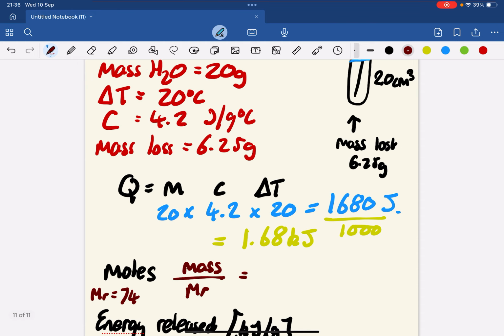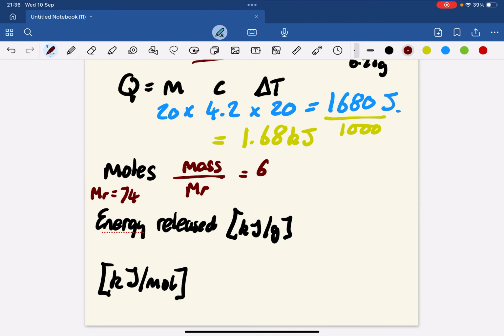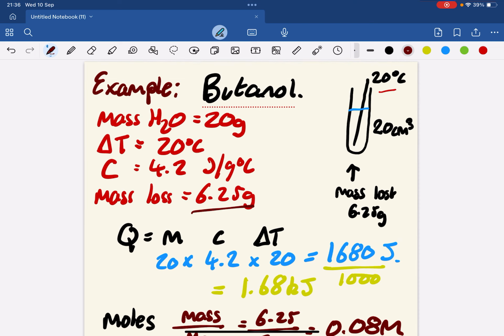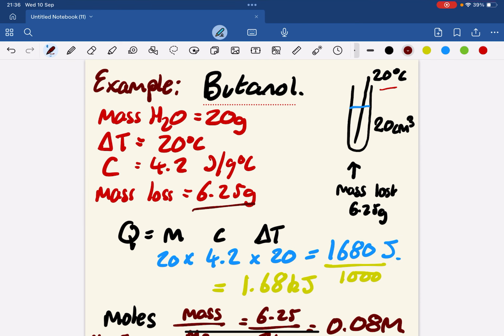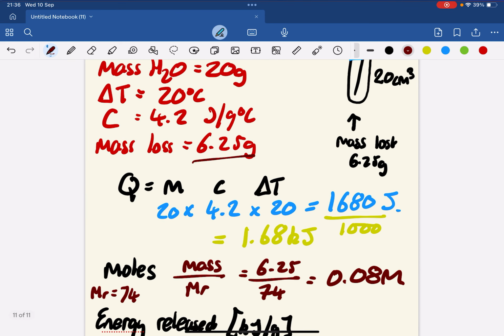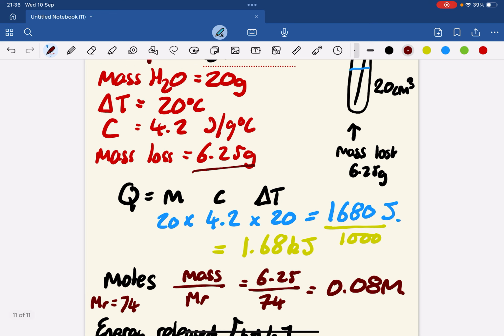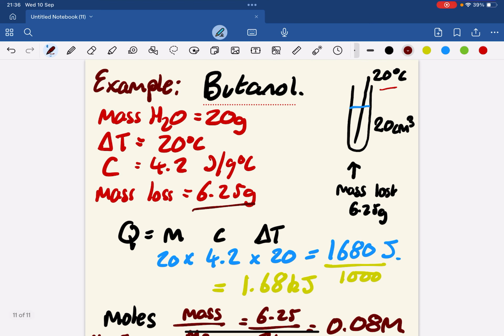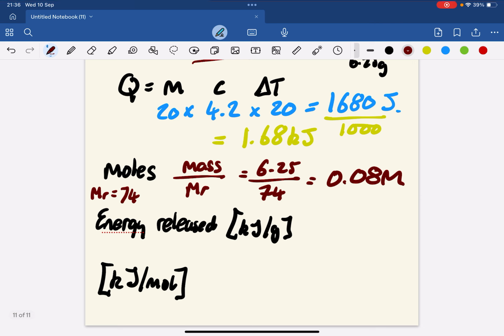The mass loss here was 6.25, and we'll divide that by 74, because that's our MR of butanol, which gives us 0.08 moles. So during this practical, 6.25 grams of fuel was burnt to heat up the water by 20 degrees Celsius, which is equal to 0.08 moles.